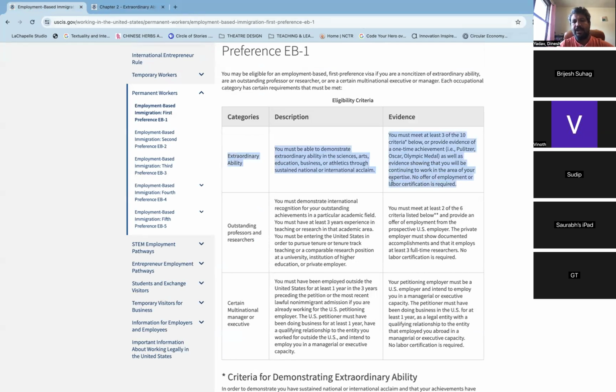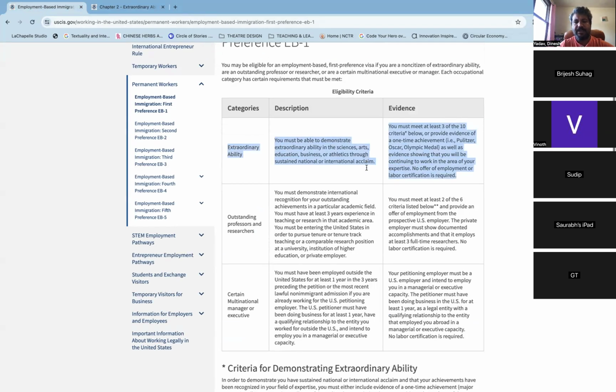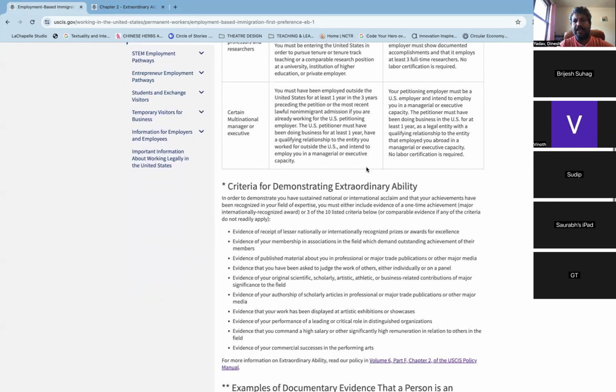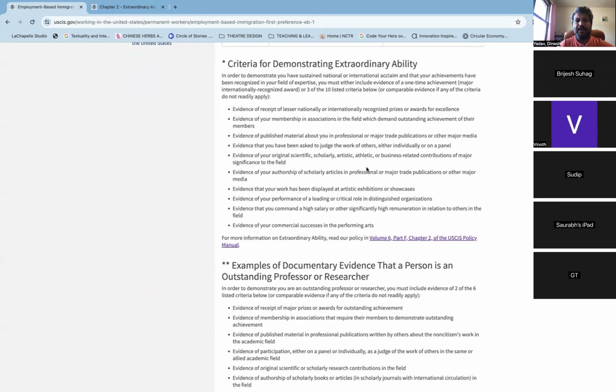I'll go one by one in terms of the evidence and eligibility. But as the filing requirement, you can file by your own self, and you don't need to be sponsored. You can file it being within the United States or outside of the United States. So those two things are clear.